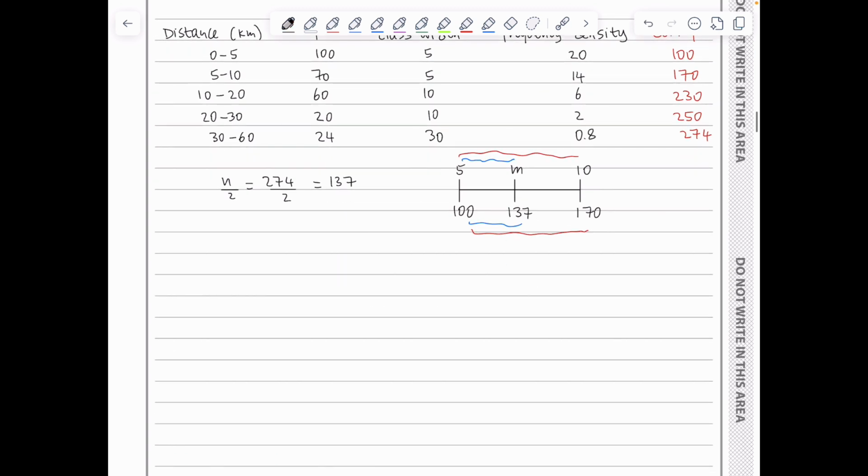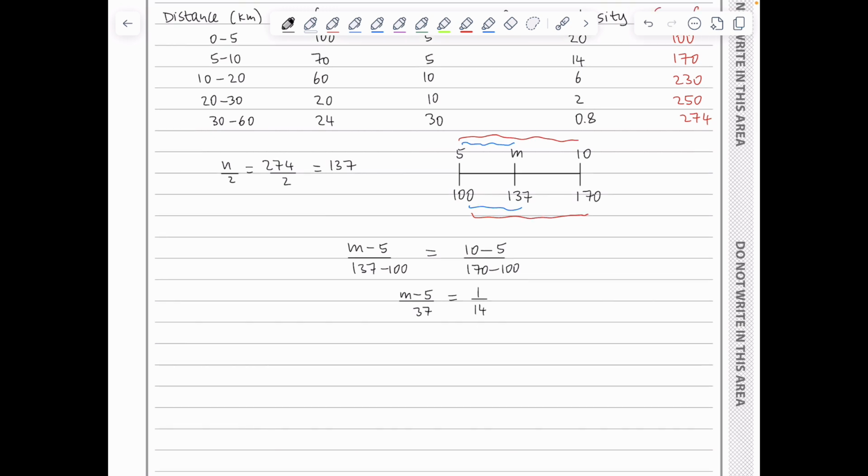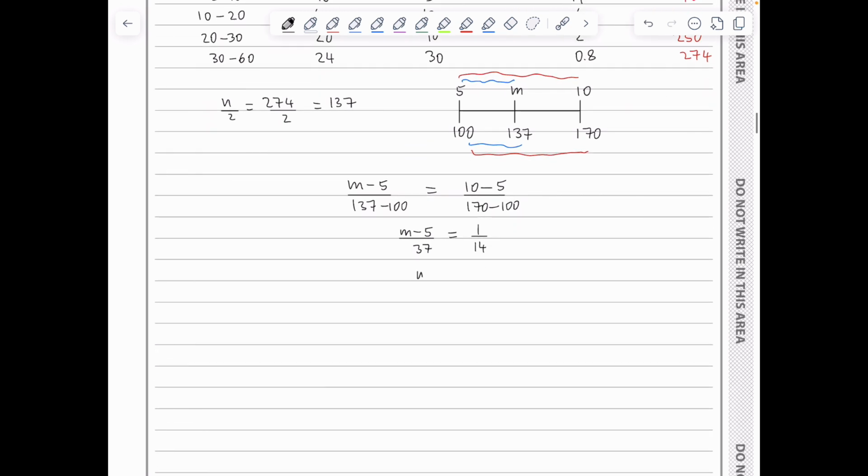So we're looking at M minus 5 over 137 minus 100 being equal to 10 minus 5 over 170 minus 100. This leads to M minus 5 over 37 is equal to 1 over 14. I will cross multiply to get M minus 5 is equal to 37 over 14, which leads to M being equal to 7.64 kilometers.